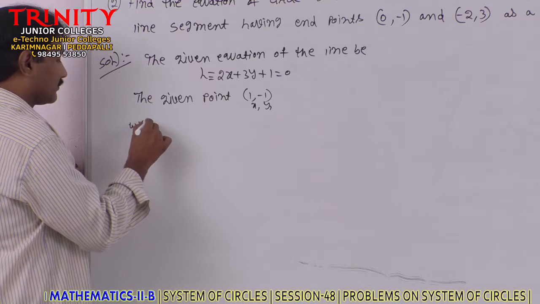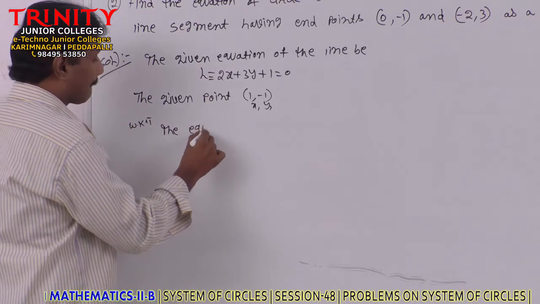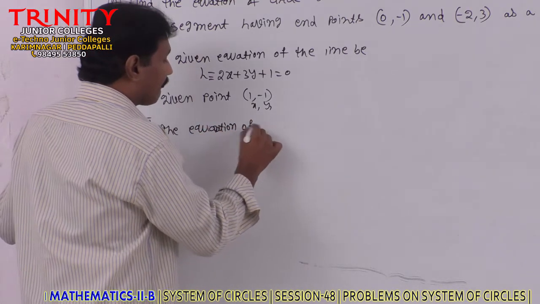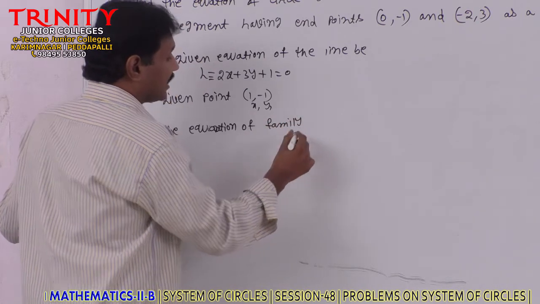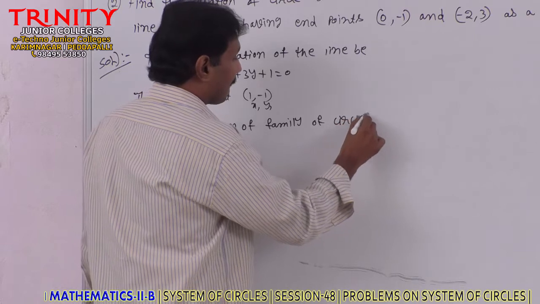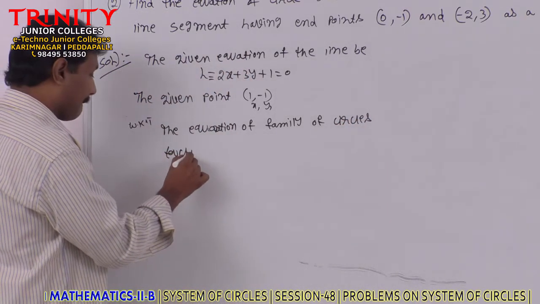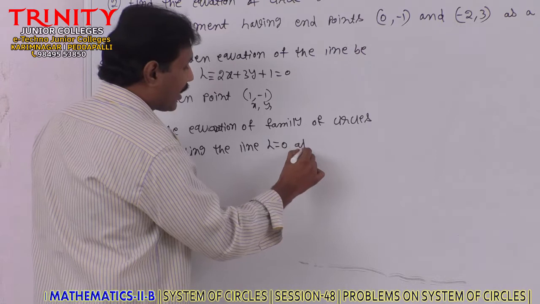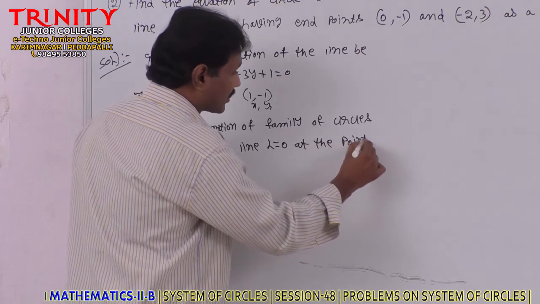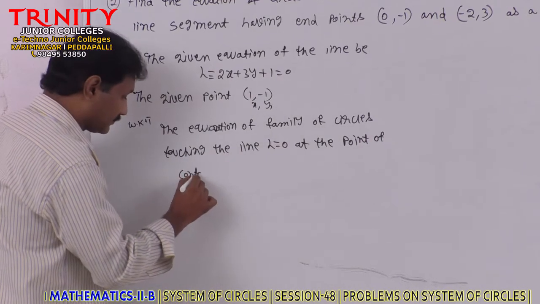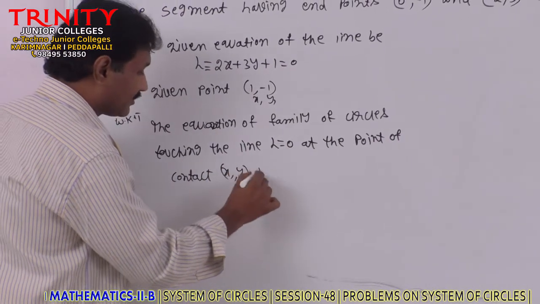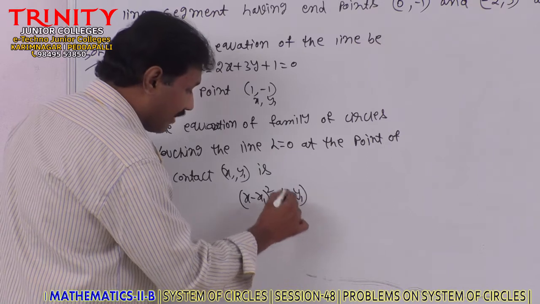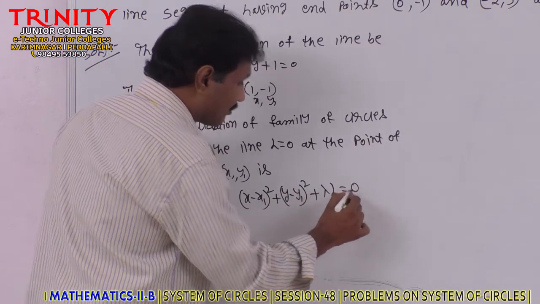We know that the equation of the family of circles touching the line L equal to 0 at the point of contact (x1, y1) is (x minus x1) whole square plus (y minus y1) whole square plus lambda L equal to 0.